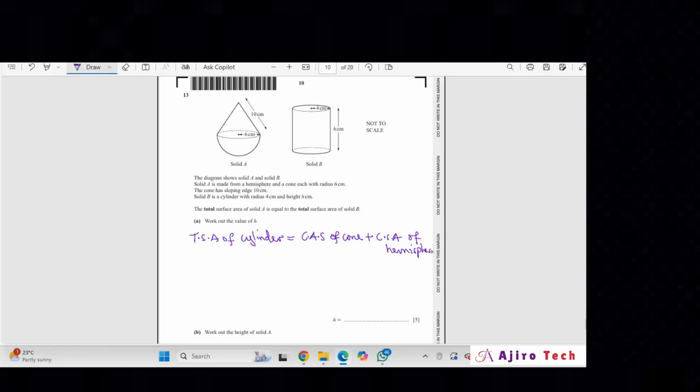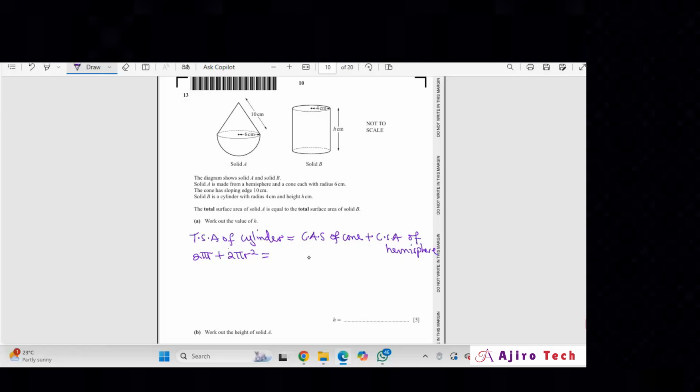Now, total surface area of a cylinder is given by 2 pi r plus 2 pi r squared. Total surface area of a cylinder is just the two circular areas and the curved surface, which gives you 2 pi r squared plus 2 pi r h.